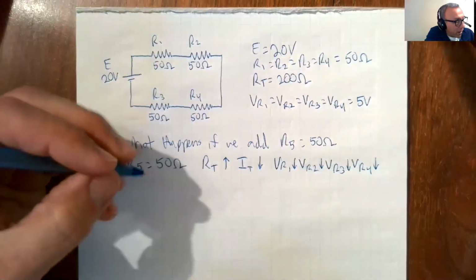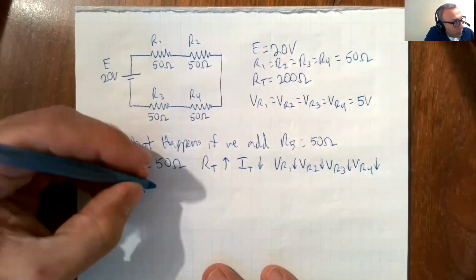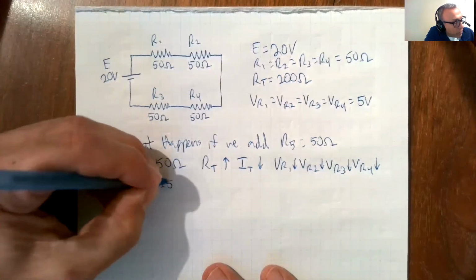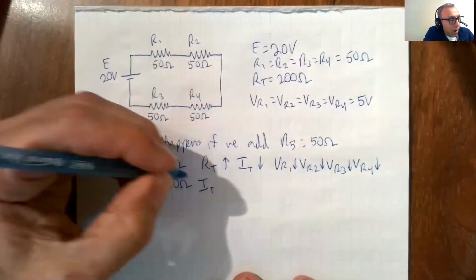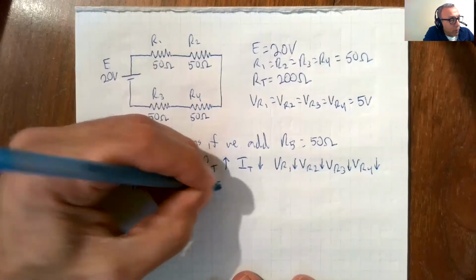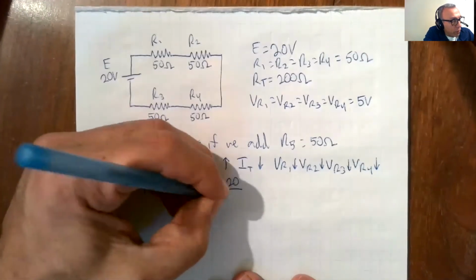Okay, so if we prove that, RT is equal to 250 ohms now. So IT is now 20 over 250.